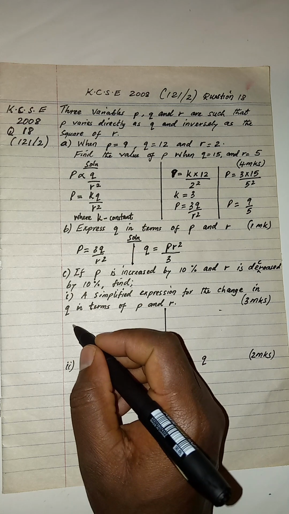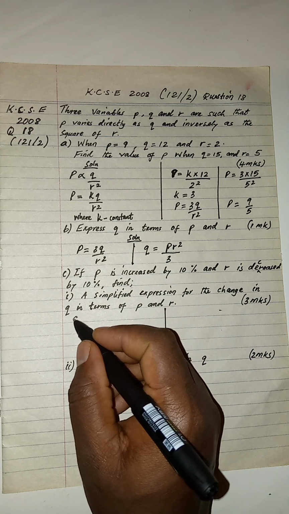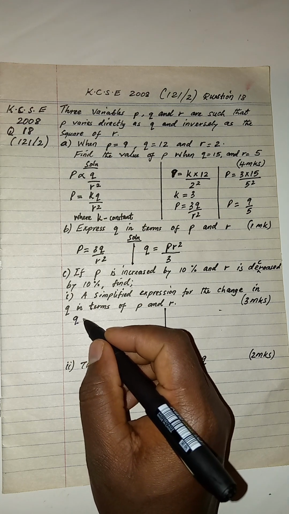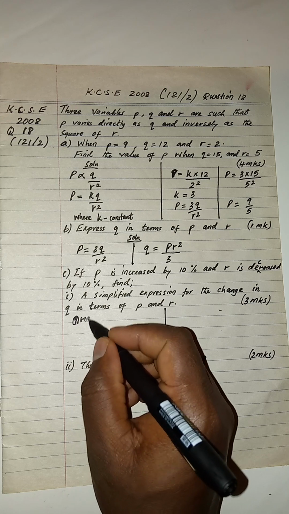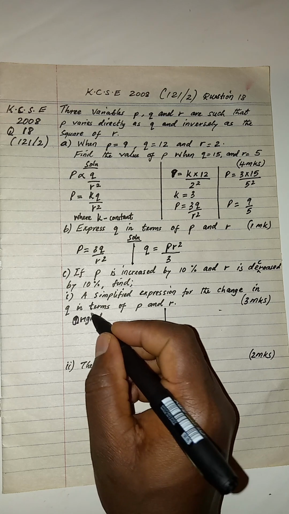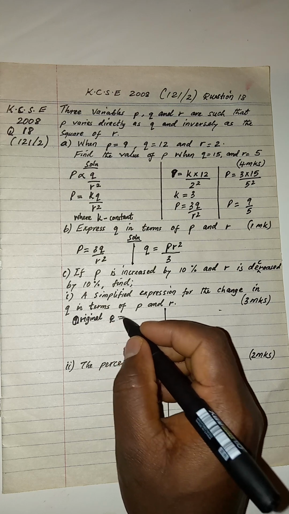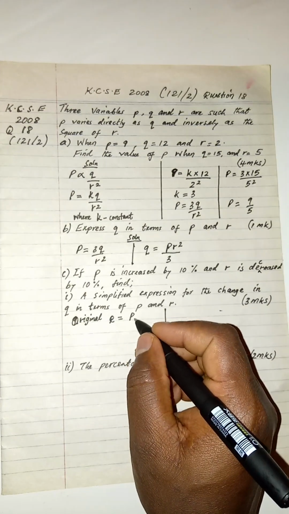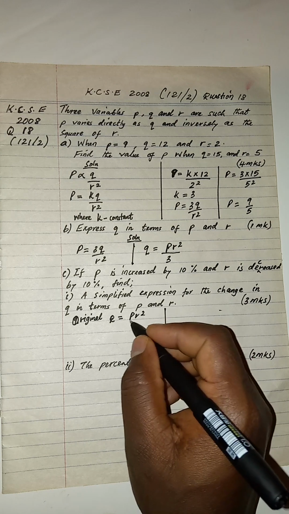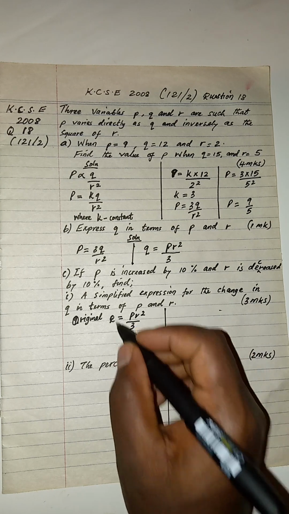So we can say the original value of Q, original Q, is equivalent to PR squared over 3.